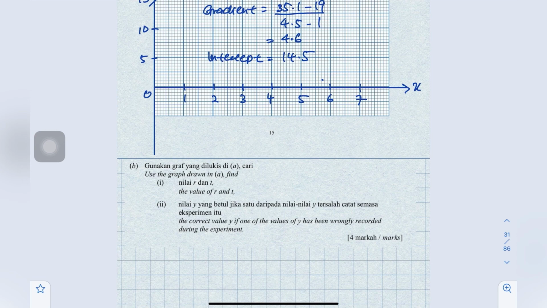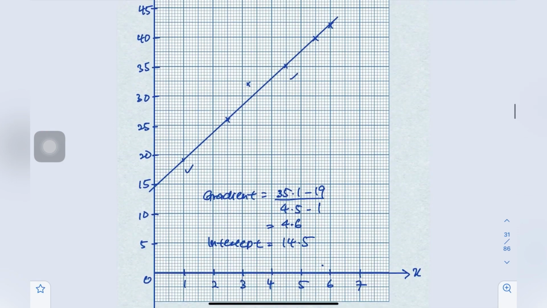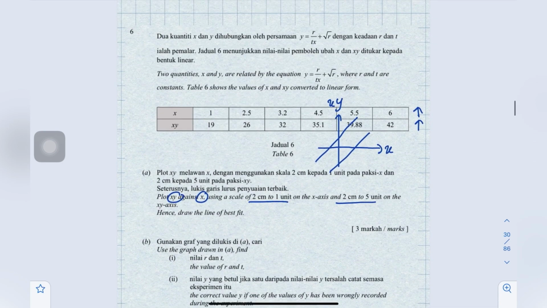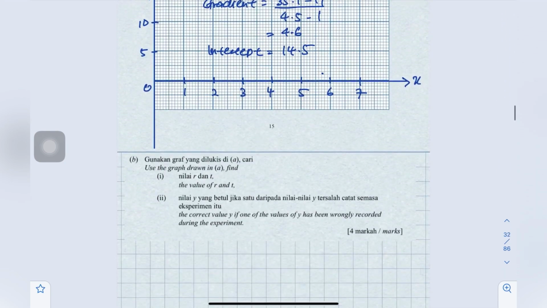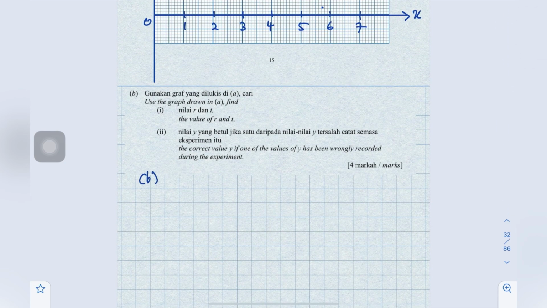So use the graph drawn in A. Find (i) the value of R and T. Okay, so we have to start from the given equation here. So we need to reduce from non-linear to linear. So kita ada dekat situ, y equals r over tx plus zr.